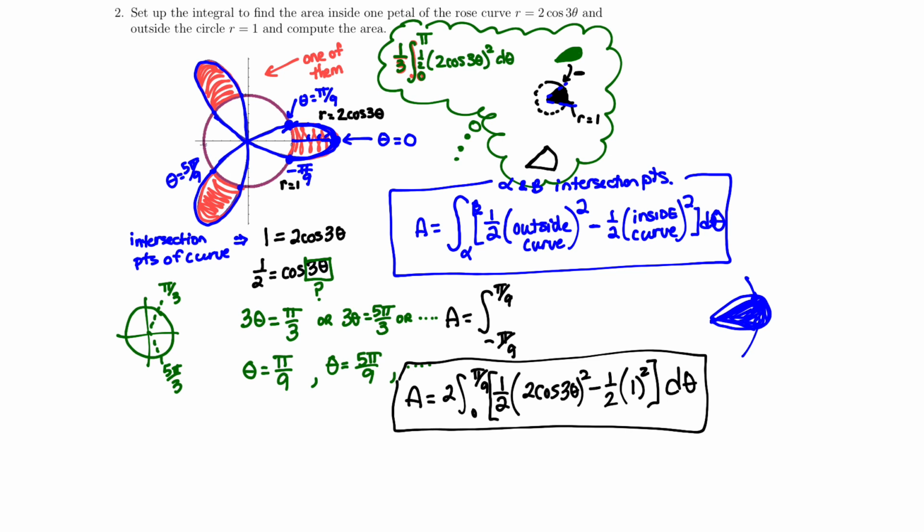I don't know if this is answering your question whatsoever. But to get from 0 to pi over 9, it's giving me like an ice cream cone shape of area. That's if I just take this outside curve squared from 0 to pi over 9 and double it. Okay. Then I want to take off from it that inside circle part, which is the sector of that circle.